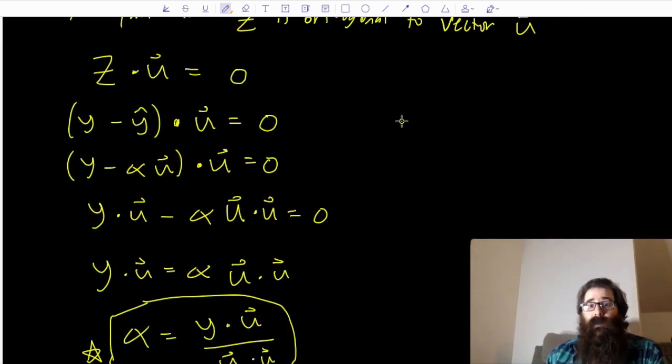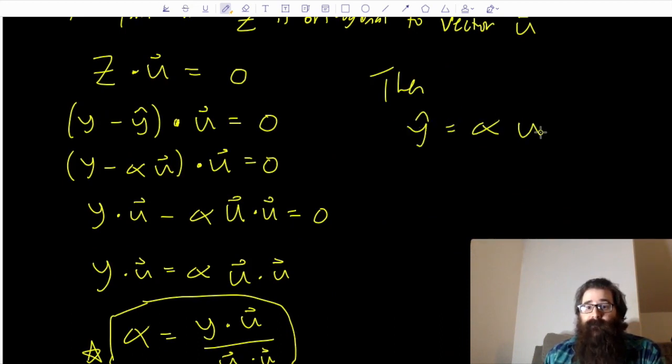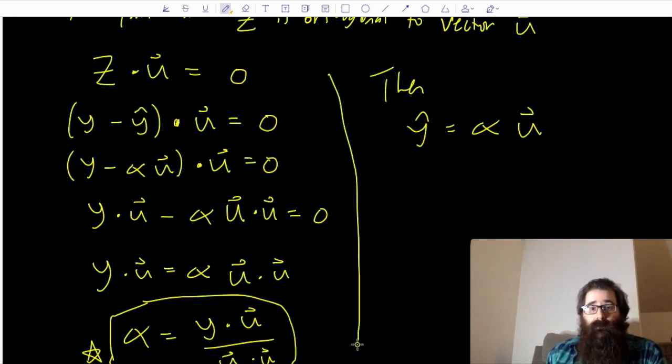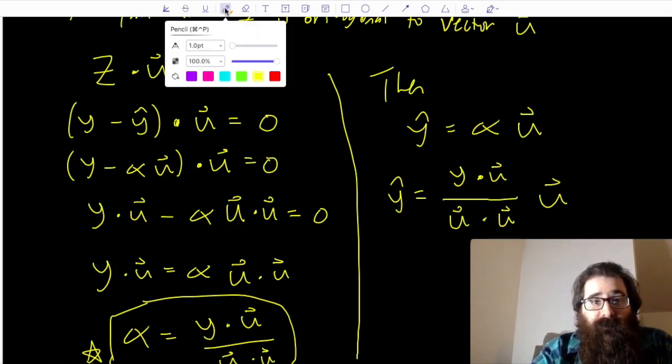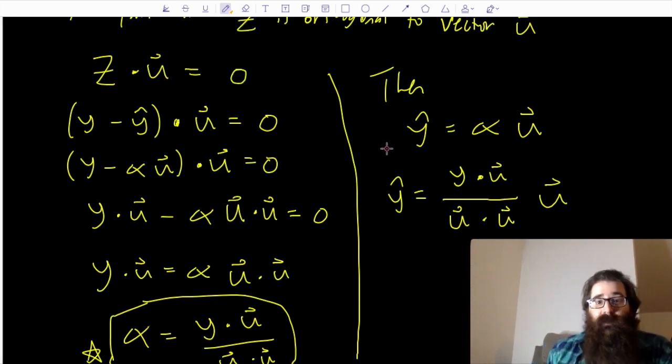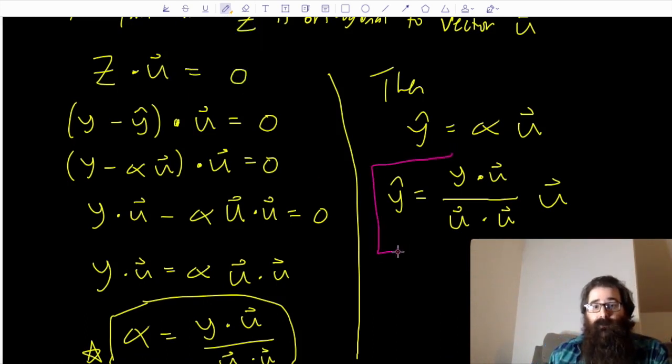So I can say, then y hat is equal to alpha times vector u, but alpha, I can see it down here, is y dotted with vector u divided by u dotted with vector u. And this is the result. This is how we can find our projection, y hat, our orthogonal projection given by y hat.